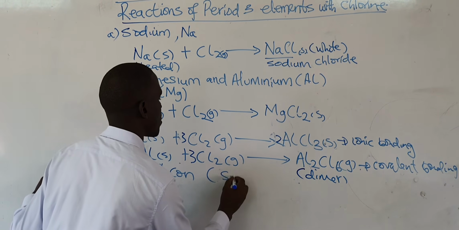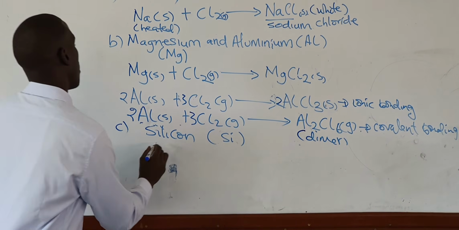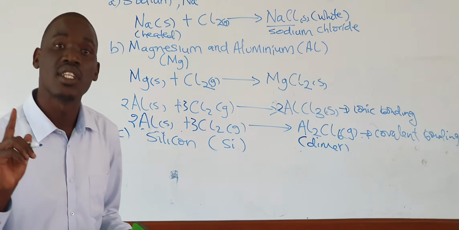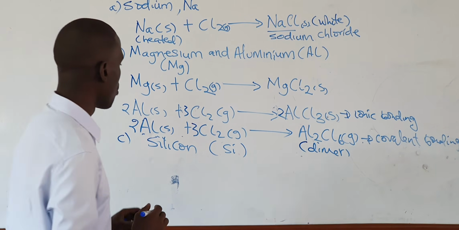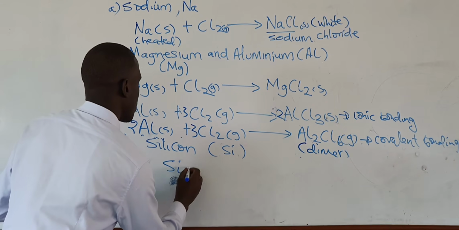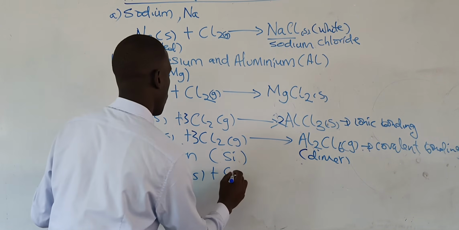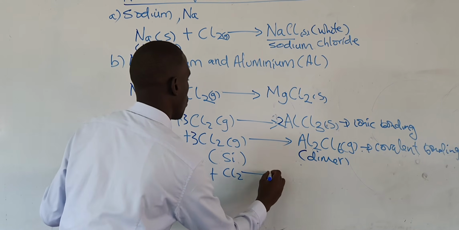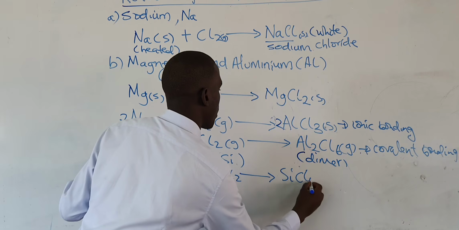Silicon, that is Si, reacts slowly with chlorine, forming silicon tetrachloride.